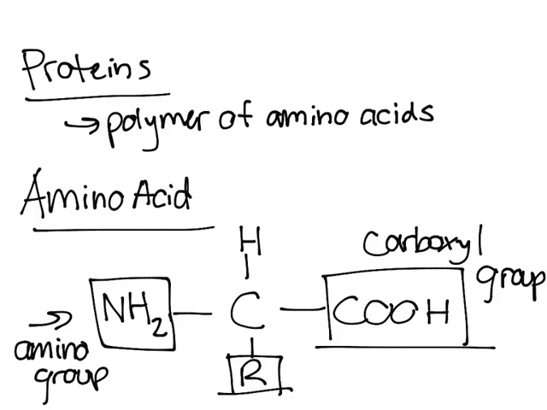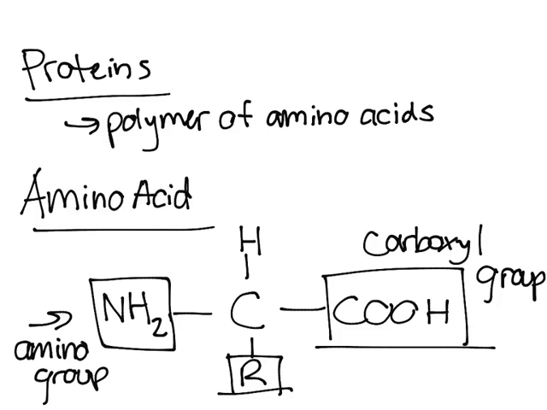And so the R group is essentially what differentiates amino acids. All amino acids have the carboxyl group and the amino group. The R group is the only way they differ. And so the R can represent anything.